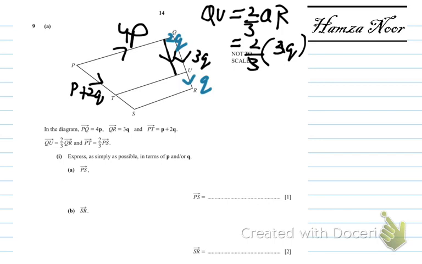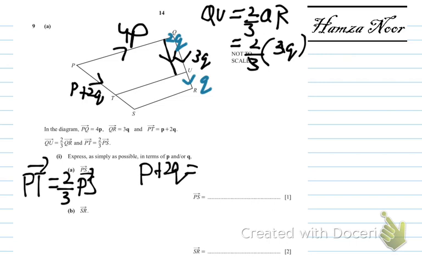And PT is equal to 2 over 3 times PS. Express as simply as possible in terms of p and q. All you need to do is find the PS vector. So the equation is given, PT is equal to 2 over 3 times PS. And PT is given, p plus 2q is equal to 2 over 3 times PS.